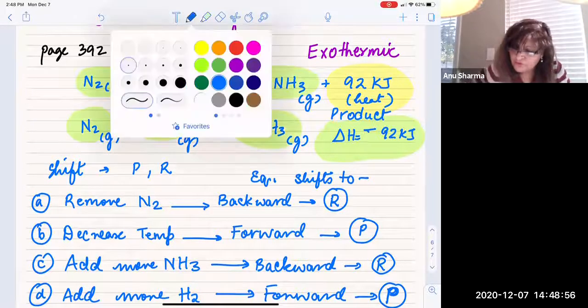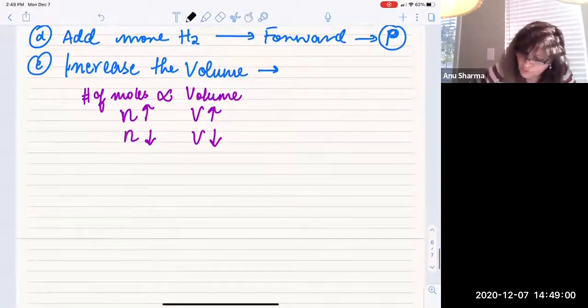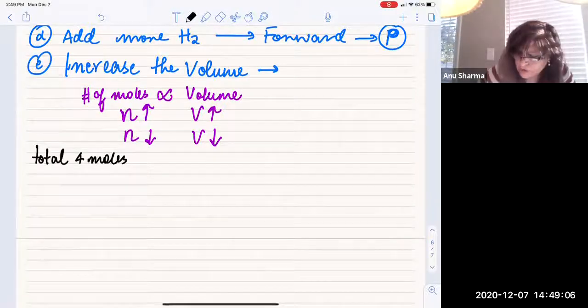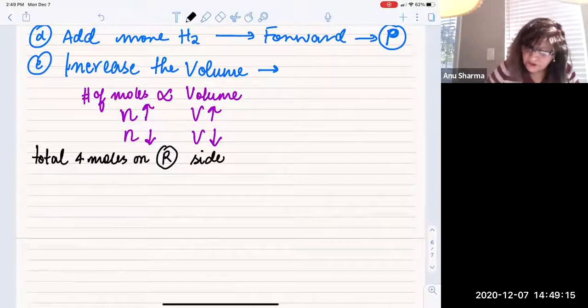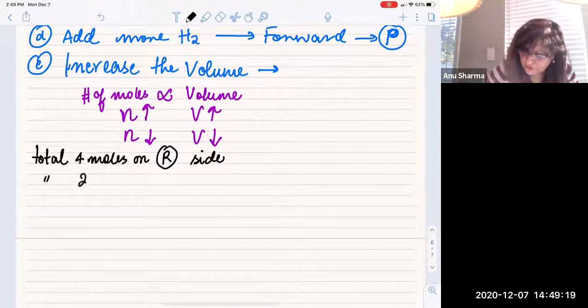Okay, so here's the thing: a total of 4 moles on the reactant side, and a total of 2 moles on the product side.